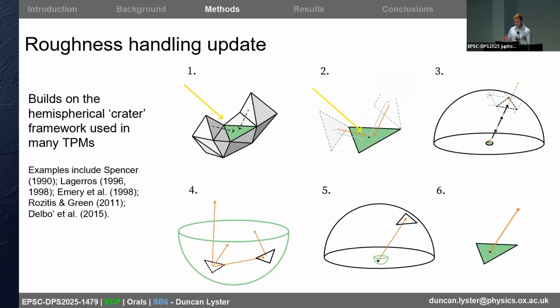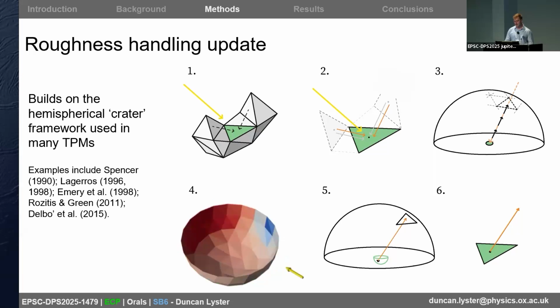You have this directional binning approach, which allows you to still compute quite quickly, but reproduce those roughness effects. And step 4 there is just showing what one of those spherical depressions looks like in the shape model. So you can see how, if you're looking at just the one facet of the model that you input, you're actually capturing multiple subfacets at different temperatures. That's really important for modeling radiance and reproducing things like thermal beaming.